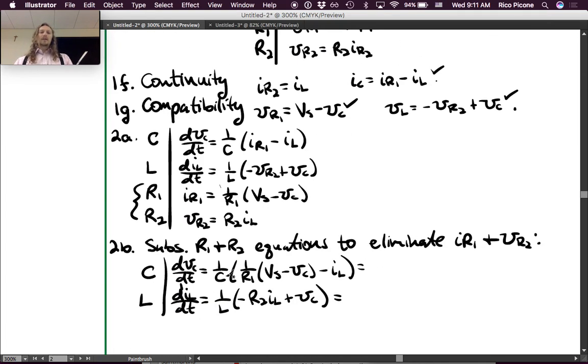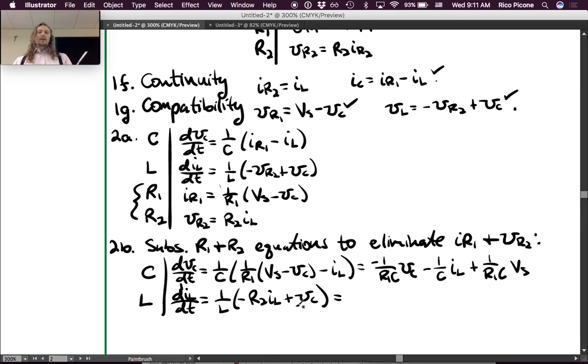So we need to write the coefficient of VC, which is 1 over R1 C, and then there's a negative sign on it, right? So negative 1 over R1 C times VC. And then there's going to be an IL term, so negative 1 over C IL. And then the last term is an input, so 1 over R1 C is the coefficient, 1 over R1 C VS.